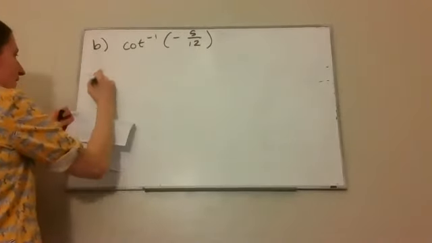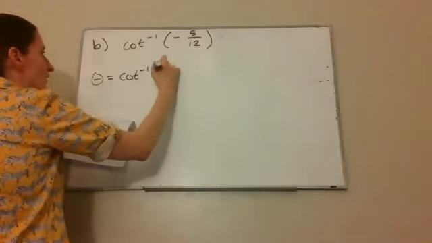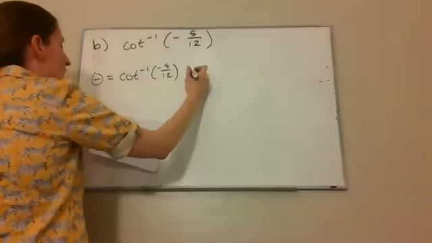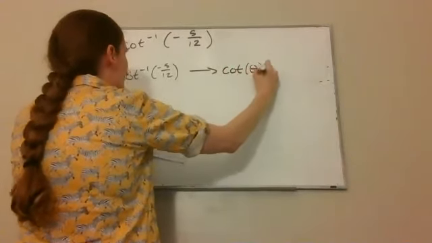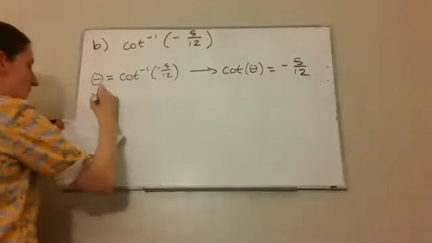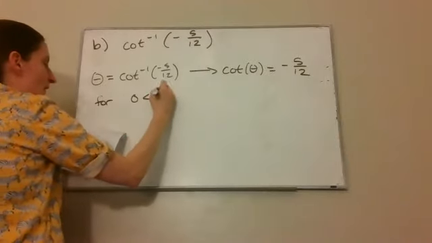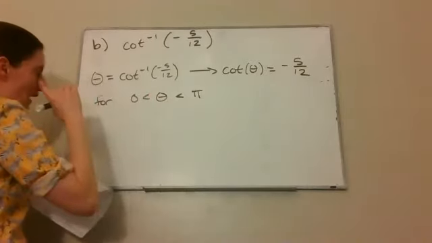Well, this means if theta is equal to cotangent inverse of -5/12, that means that cotangent of theta is -5/12. And we have theta is between 0 and pi.